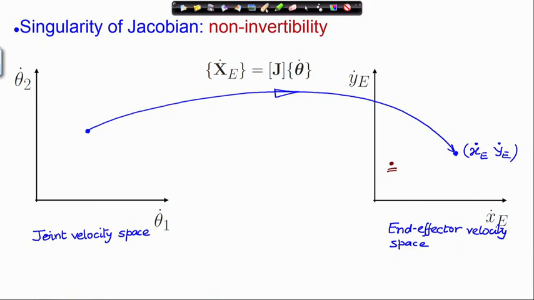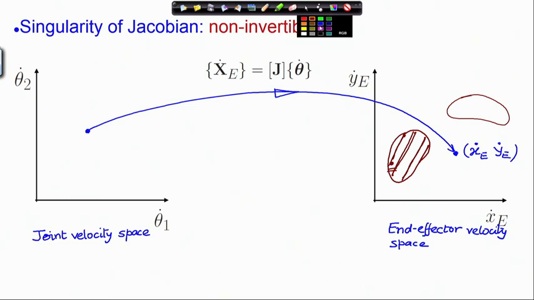So, which means that whatever you do, there will be certain regions, they may be connected or disconnected, that depends. So, in general there are regions in the end effector velocity space which cannot be mapped onto the joint velocity space. There is no point in the joint velocity that goes into these regions.